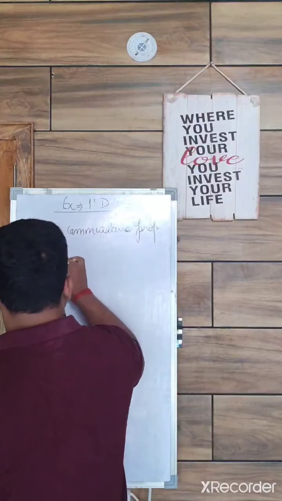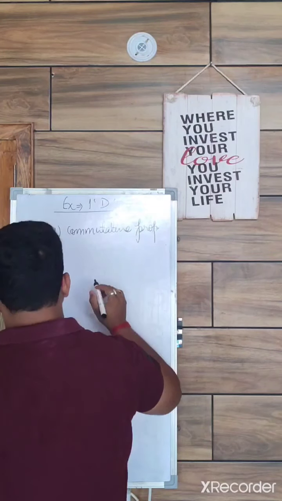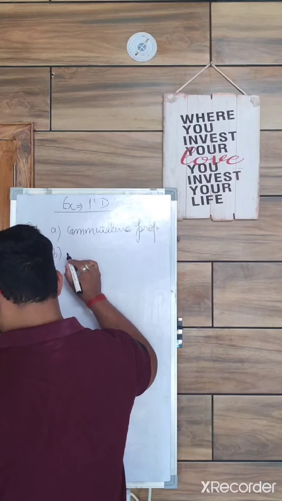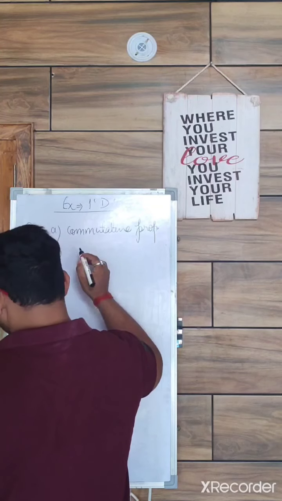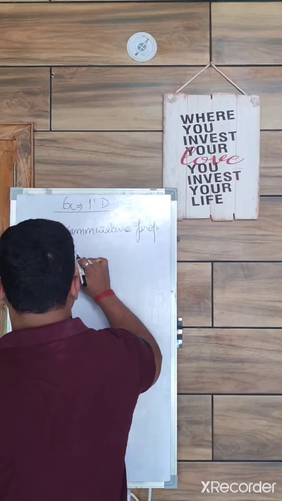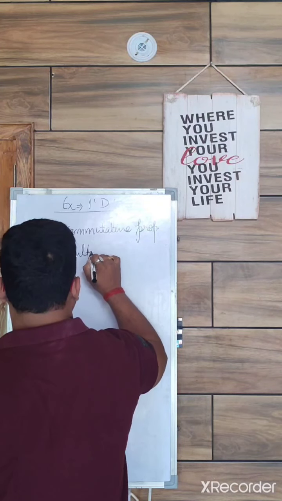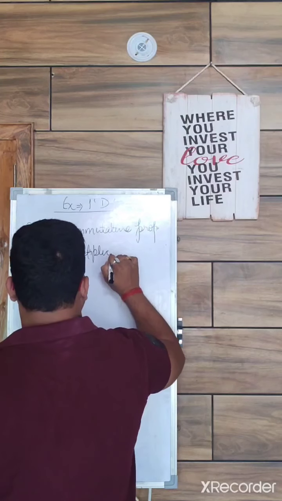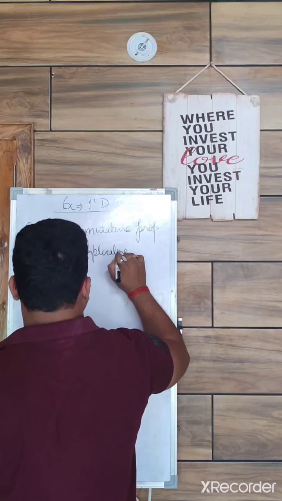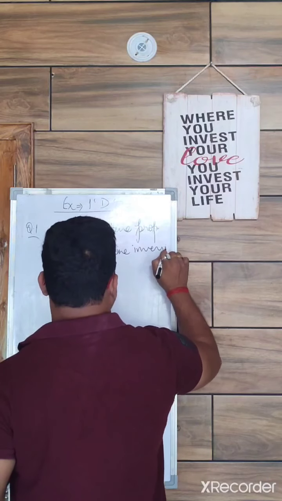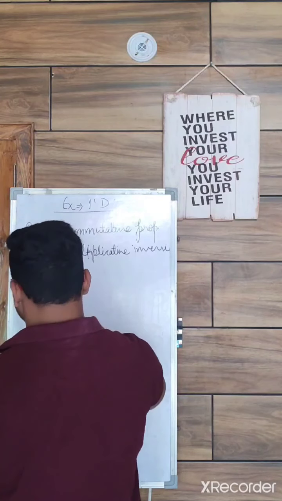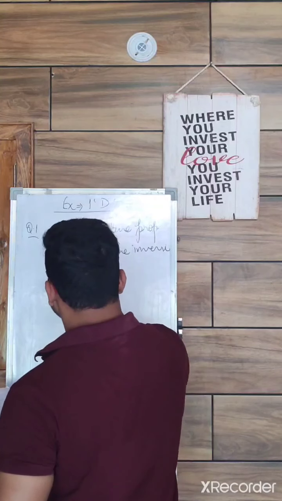Okay. So B is multiplicative inverse. C is additive inverse.